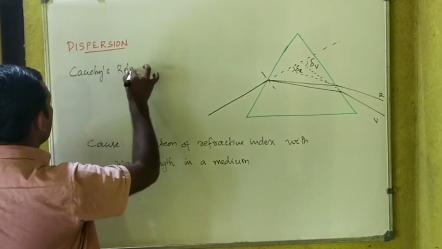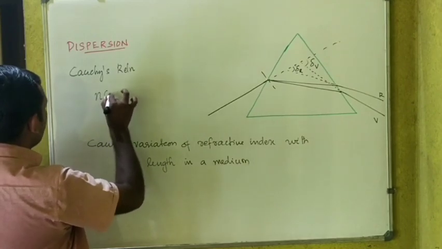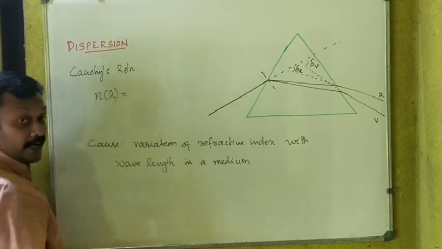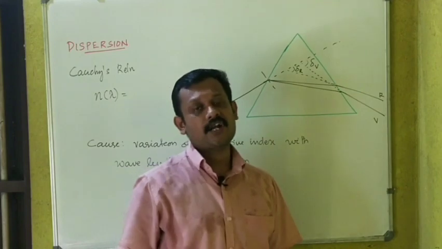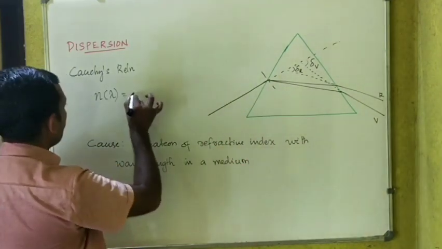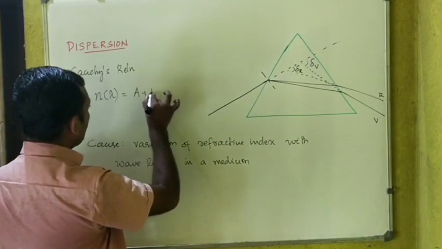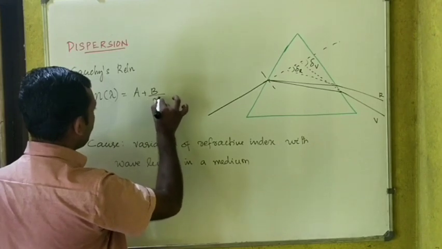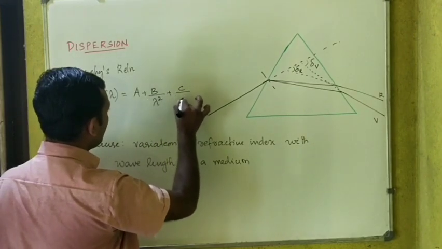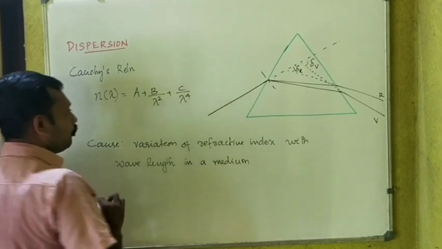According to Cauchy's relation, the refractive index as a function of the wavelength of light is given by A plus B divided by lambda square plus C divided by lambda raised to 4.